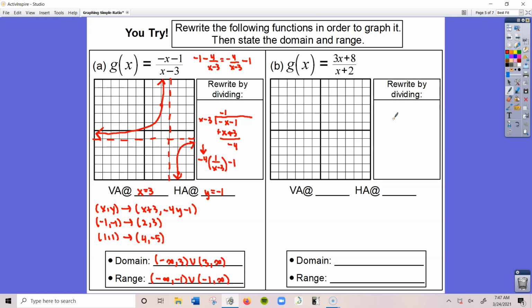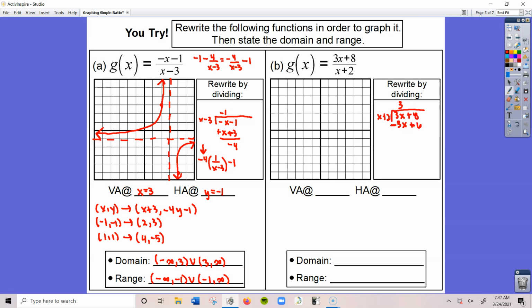Let's look at this last one here. We have 3x plus 8 over x plus 2. So I'm going to divide 3x plus 8 by x plus 2. In order to get 3x, I would have to multiply x by 3. Distribute the 3, we get 3x plus 6.